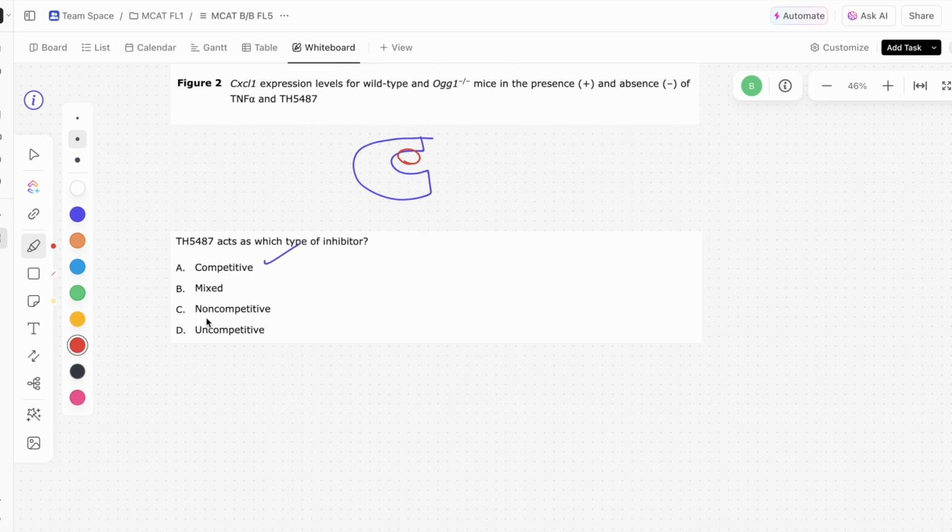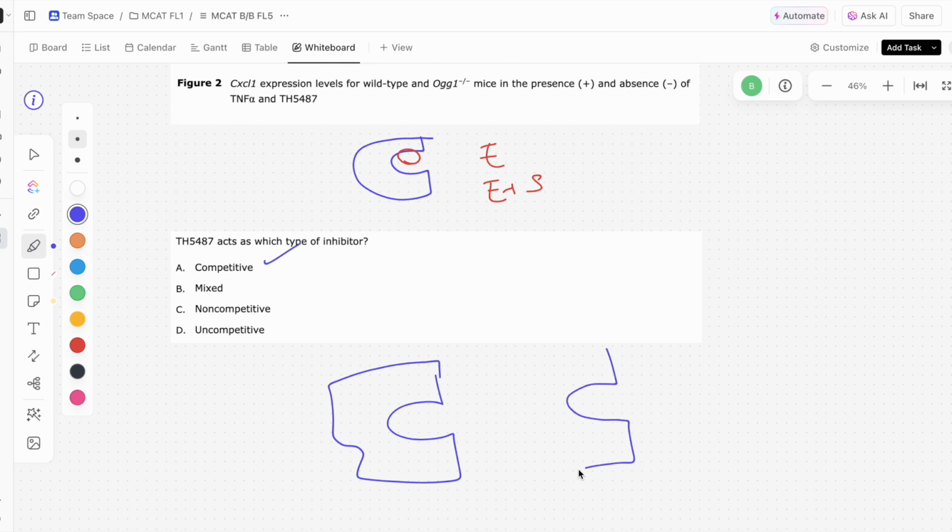Now for review, let's just go over what mixed, non-competitive, and uncompetitive inhibitors are. Mixed inhibitors, okay, so these are inhibitors that can bind both to the enzyme itself or the enzyme plus its substrate. So what does that mean? Let's say I'm going to draw down here. Let's say I have an enzyme, okay, and this enzyme, let's say this is just the enzyme without anything, and then this is the enzyme with its substrate.